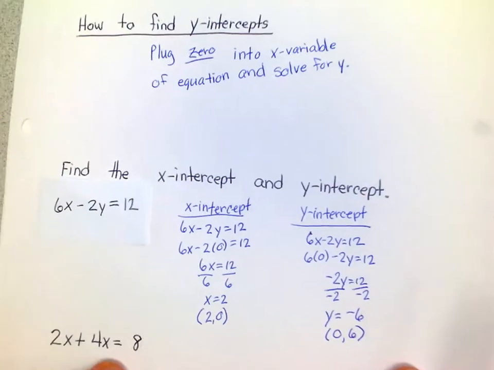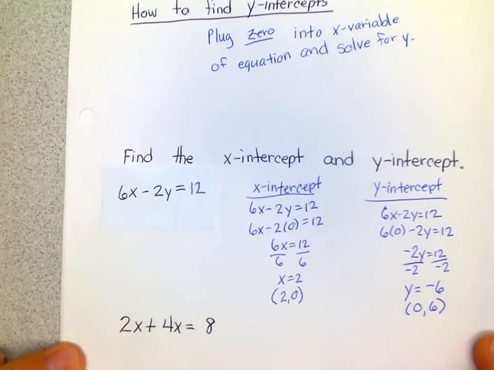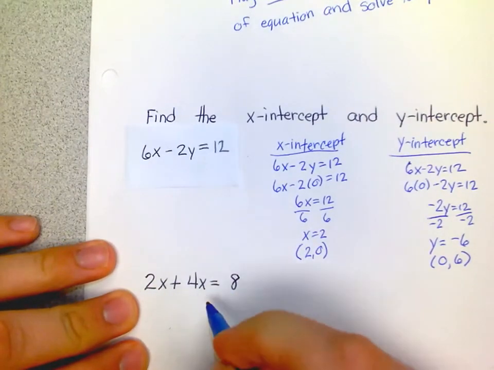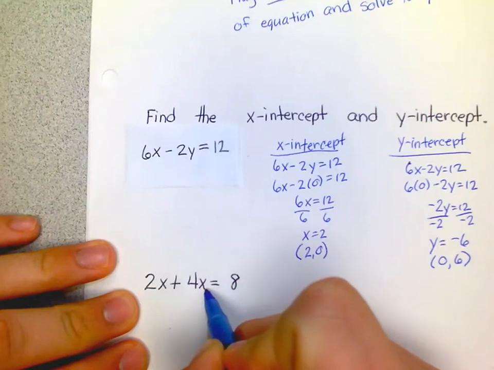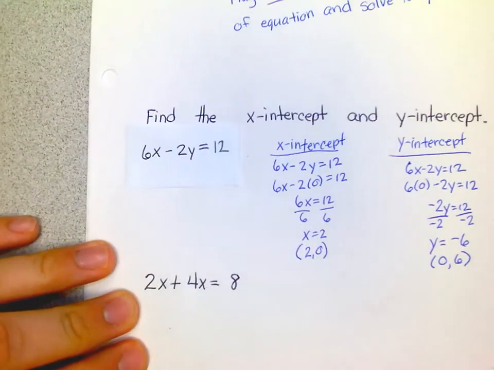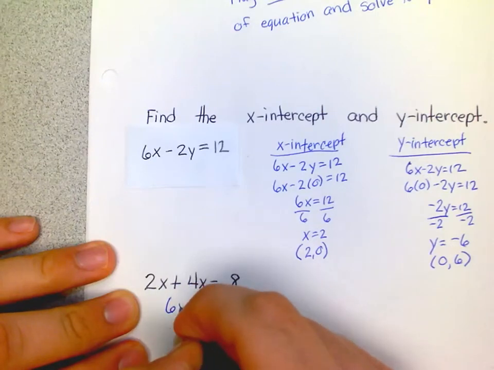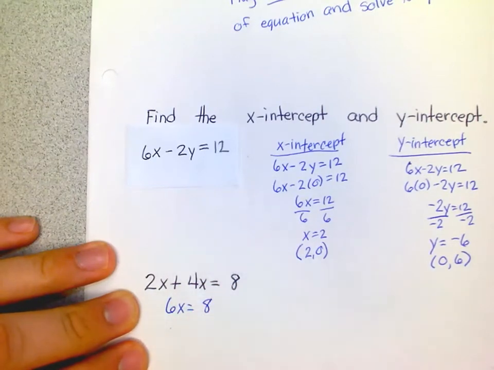Let's look at this next example. So we have 2x plus 4x equals 8. Well, let's add these like terms together. That gives us 6x equals 8. Well, there will be no y-intercept because we only have one variable, x.